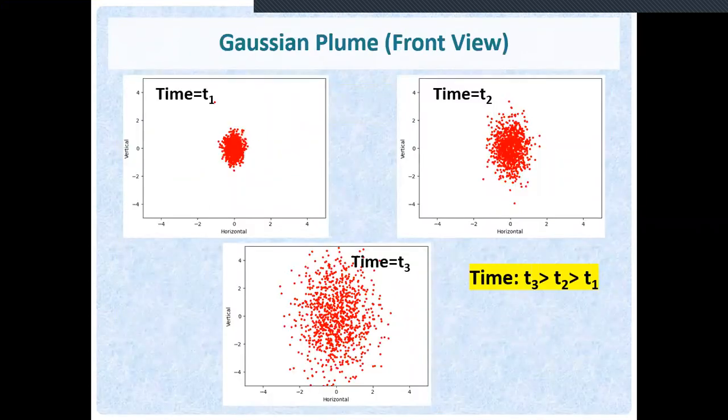At time t equal to 1, most of the particles will be at the stack height, and as time progresses, there would be dispersion, and an ellipse can be defined in the plane. This is the plume facing view of this Gaussian distribution. And at t equal to t3, which is greater than t2 and t1, we have been able to see rather more dispersion in the vertical plane.